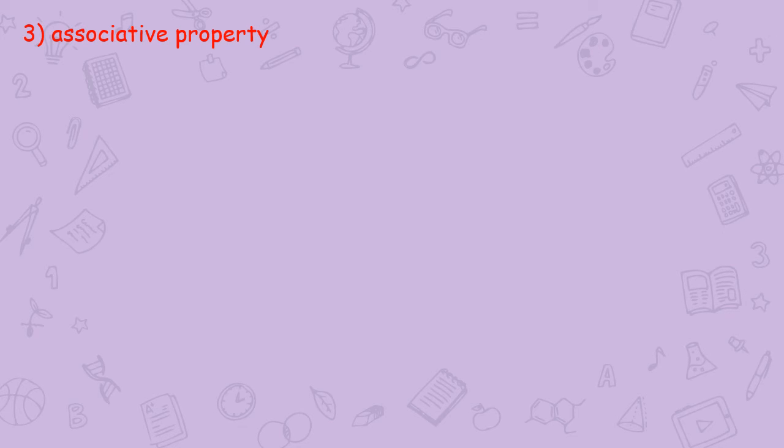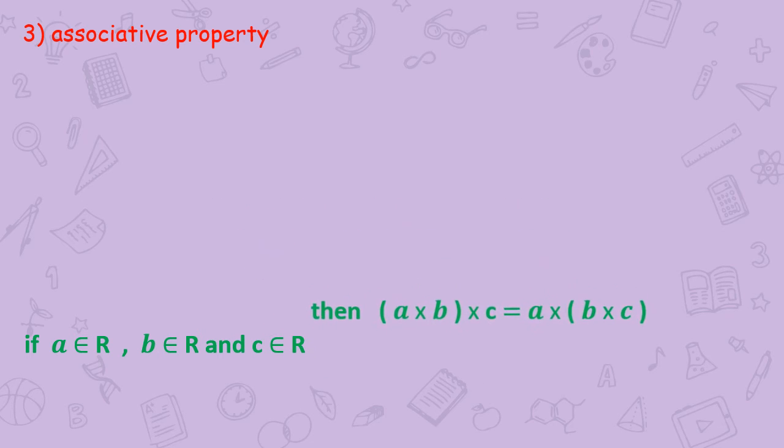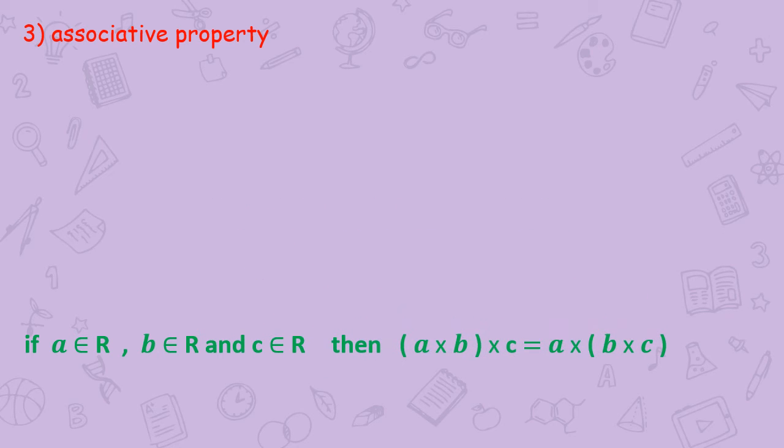Property number 3 is the associative property. Associative property means if A belongs to R, B belongs to R, and C belongs to R, and we multiply these three numbers together, starting by multiplying the first two numbers, A times B, is the same as starting by multiplying B times C. For example, we have three real numbers: root 5, 2 root 5, and 3 root 5.